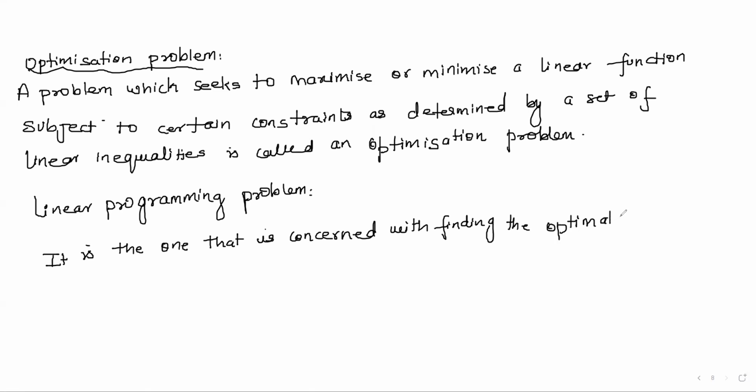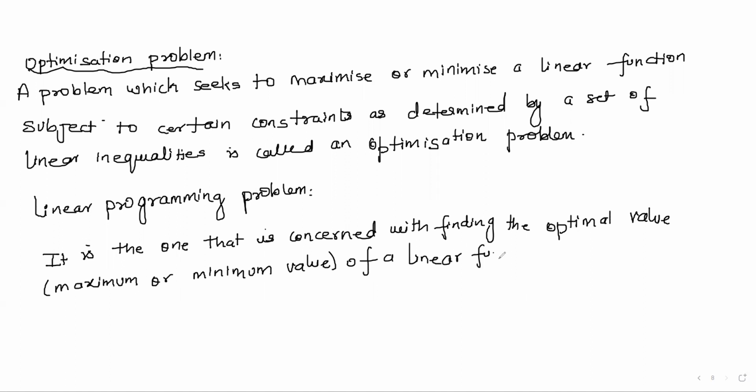Optimal value means maximum or minimum value of a linear function. Linear function means objective function. In this case the linear function is what? It is an objective function.